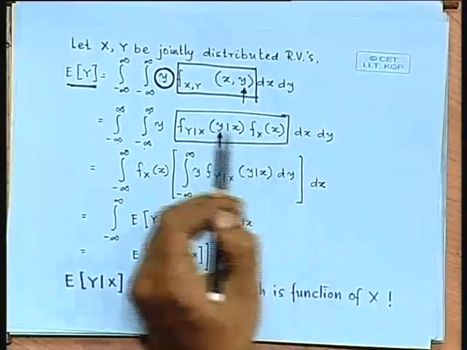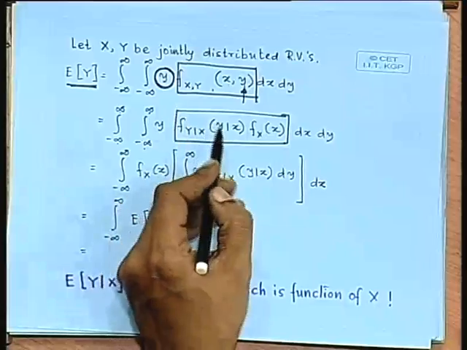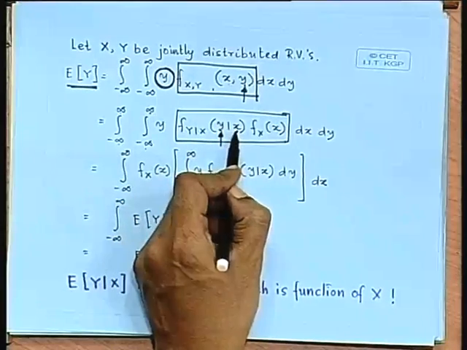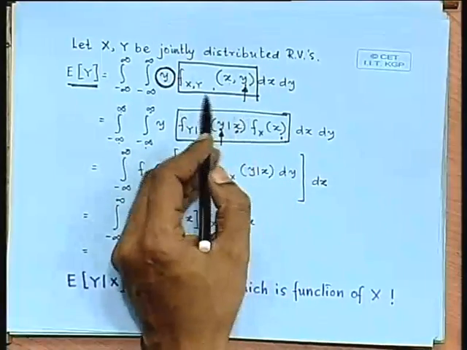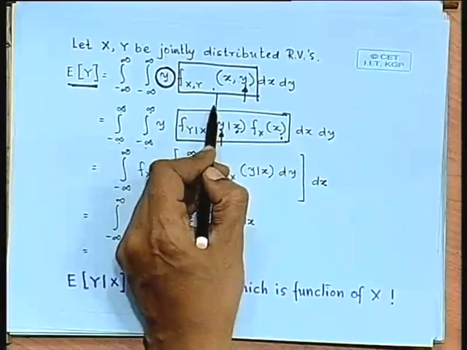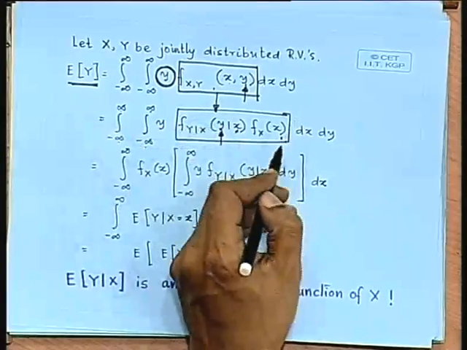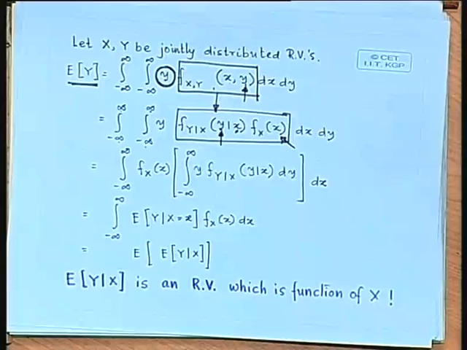We are now writing the joint occurrence of x and y as the probability of y given x, and then the probability of x. So we can always write it. In doing so, we have expressed the total probability as a conditional probability of y given x multiplied by the probability of x.